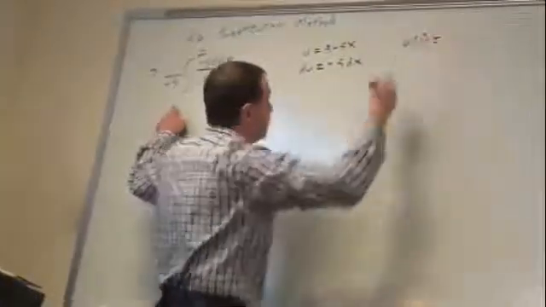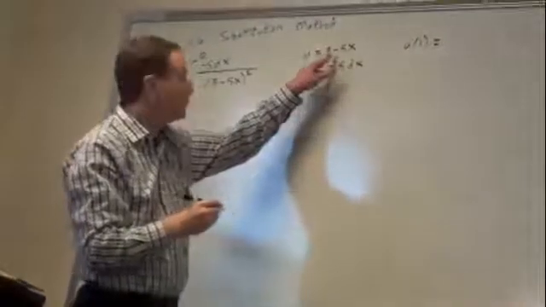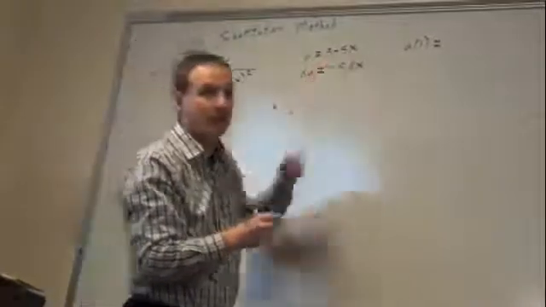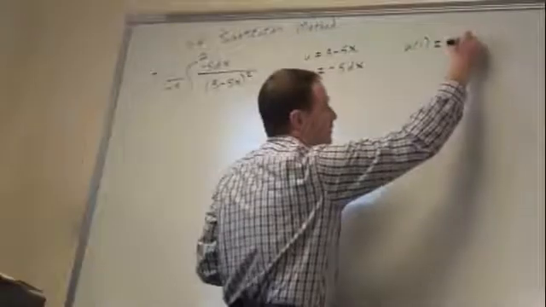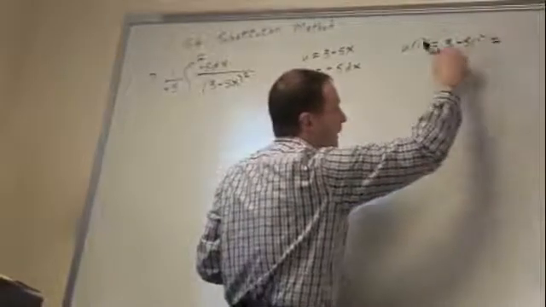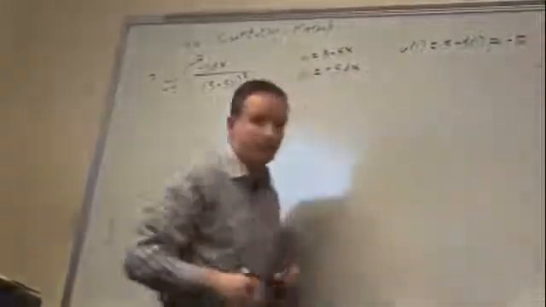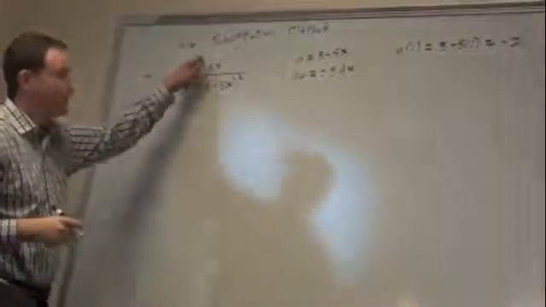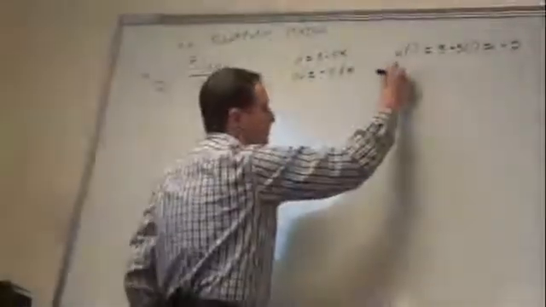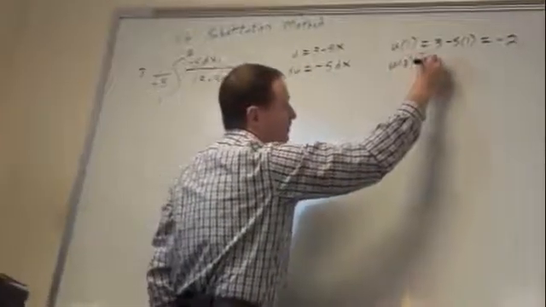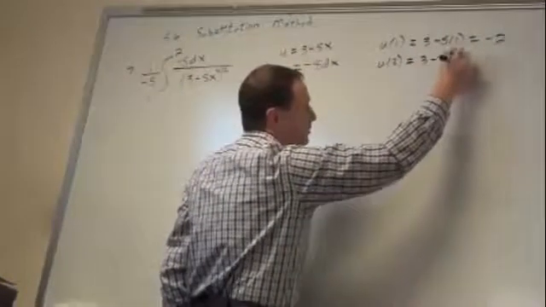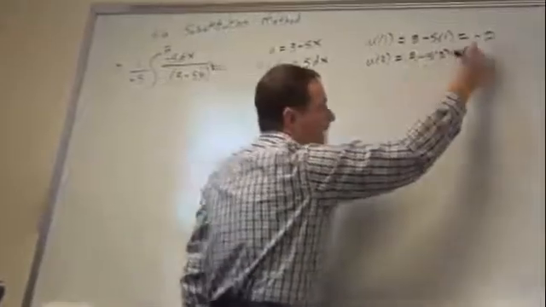The limit of integration 1 is going to become 3 minus 5 times 1. So that lower limit of integration is going to become 3 minus 5, negative 2. The upper limit of integration, which was 2, becomes 3 minus 5 times 2. 3 minus 10, negative 7.